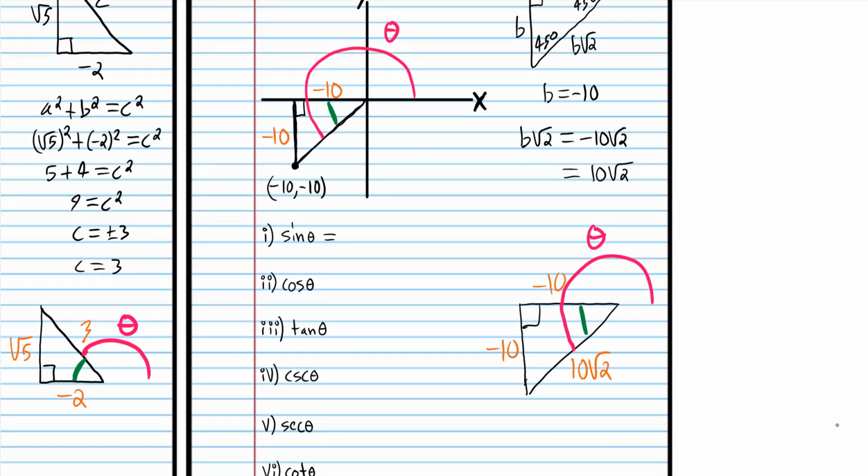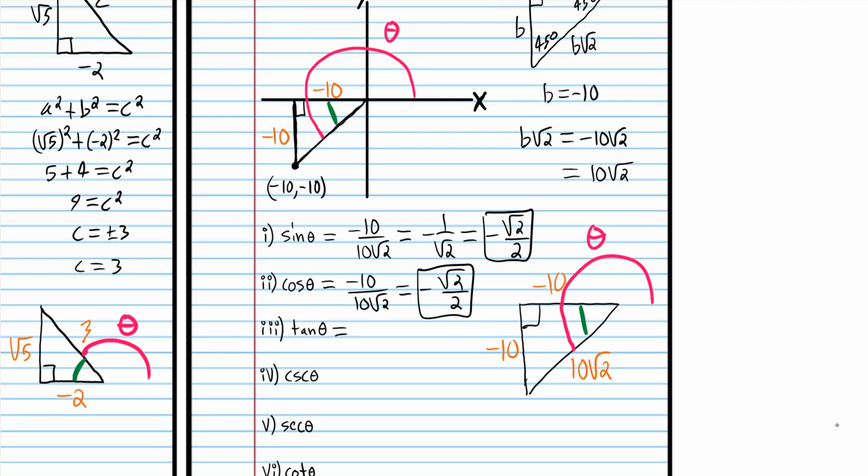So we're ready to go. Sine theta is the side opposite the green reference angle divided by the hypotenuse. That reduces to negative 1 over root 2. Multiply both sides by root 2 to rationalize the denominator, and there you go. Cosine theta is the side adjacent the green reference angle divided by the hypotenuse. So you can see that's just going to lead to the same answer that we got for the first ratio.